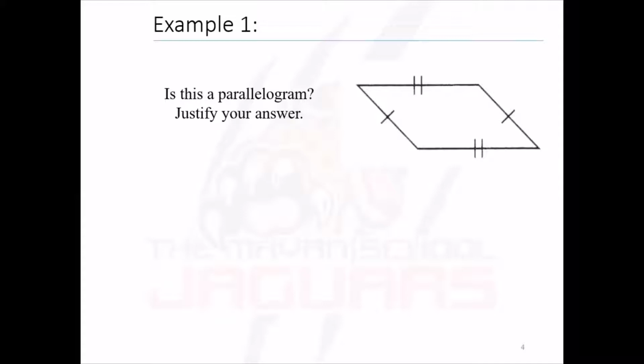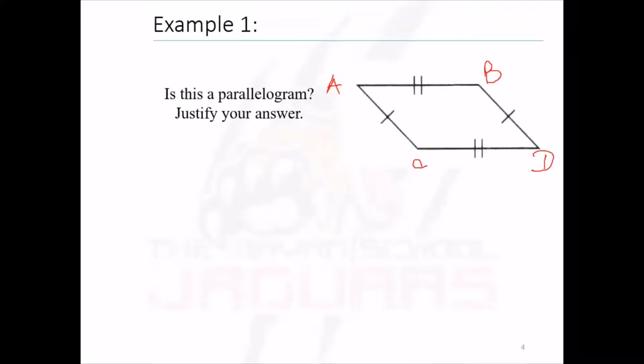If you want, you can make some labeling in the figure, since we have the figure without any names. This is A, this is B, this is C, this is D.